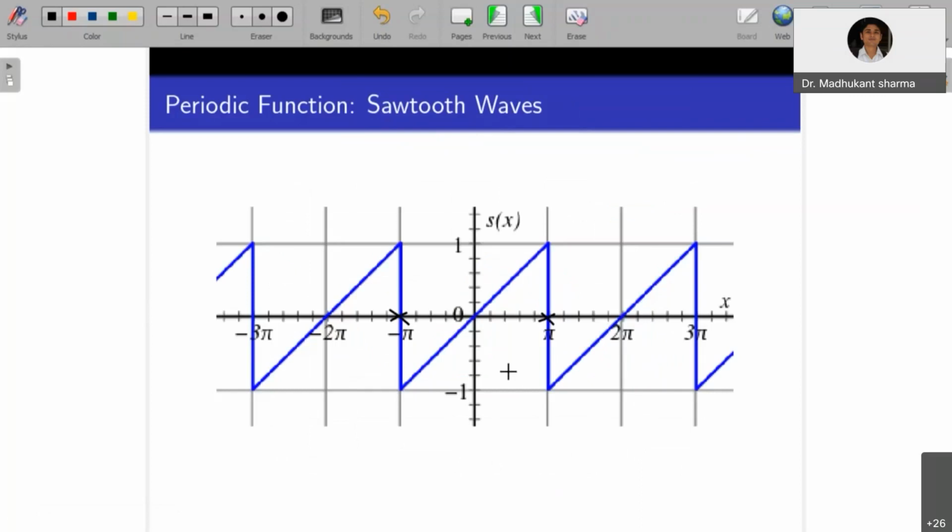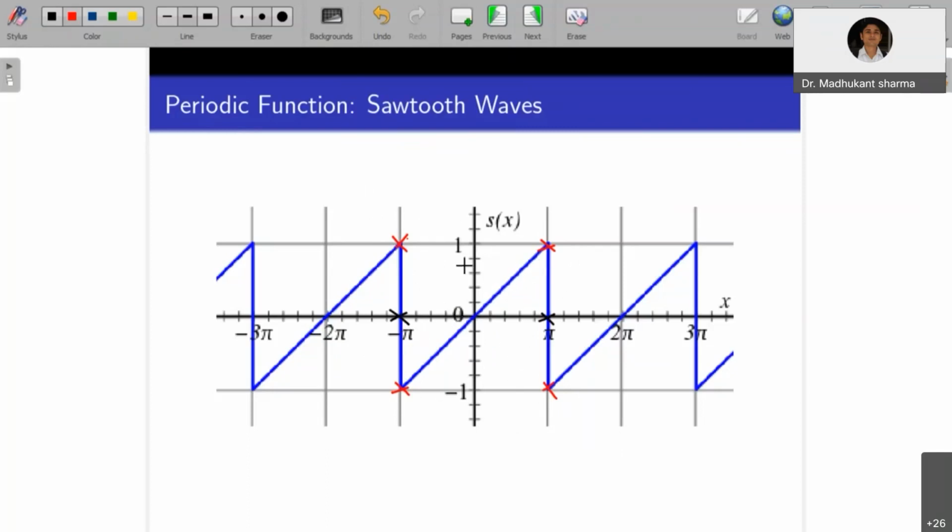So over this interval minus pi to pi, you have this one. This is the straight line.